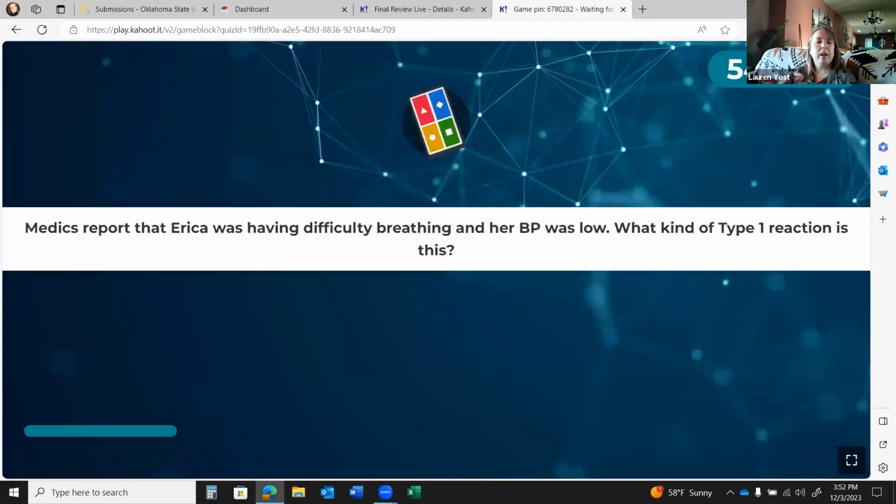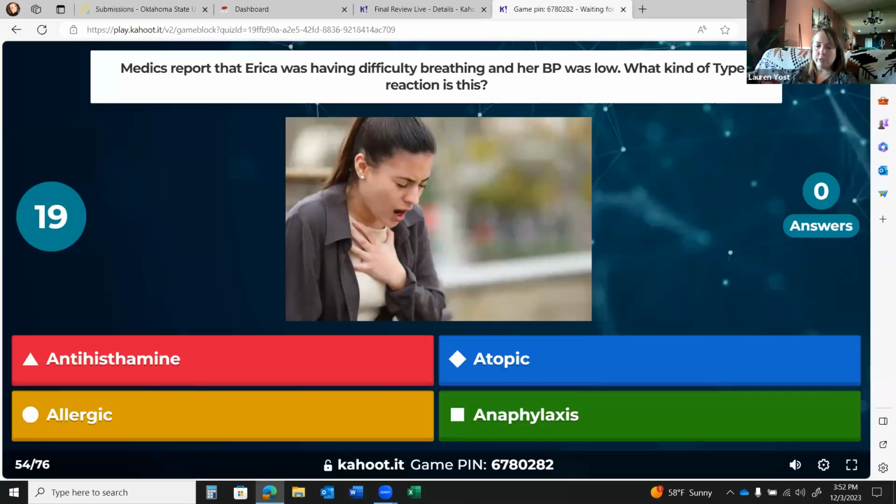All right, medics report that Erica was having difficulty breathing and her blood pressure was low. What kind of type 1 reaction is this? I just freaking said it. Hopefully these are the things you guys will remember. I guess technically it's 2 of these.